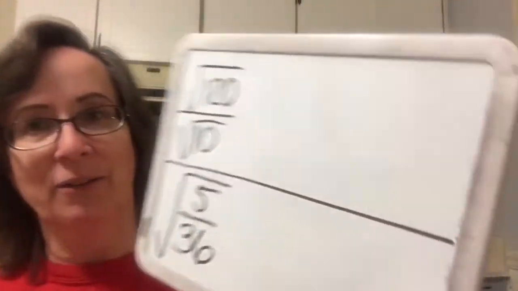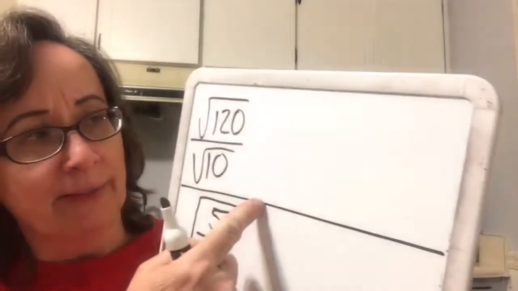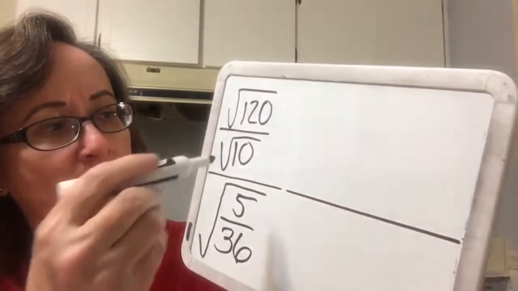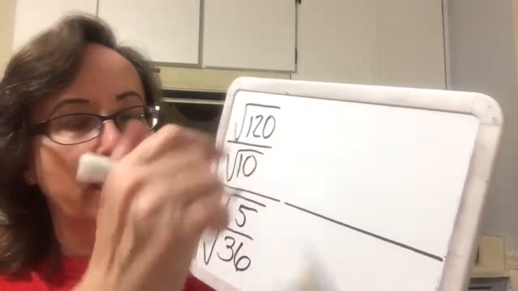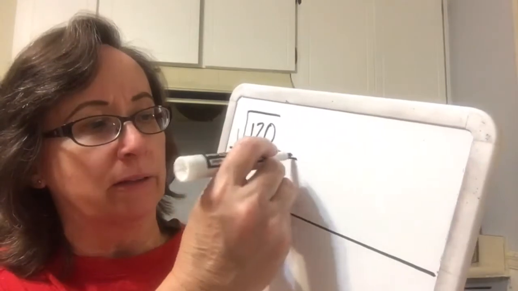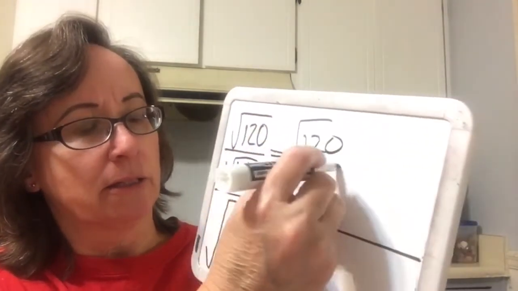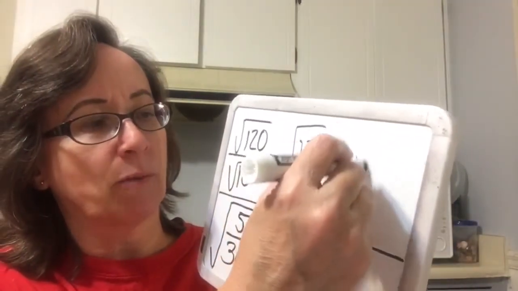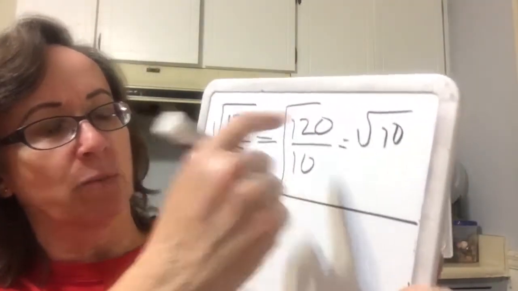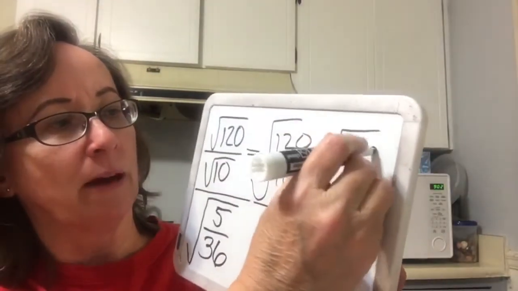All right, so now we have a problem that is a quotient, but I could see where this would be beneficial to go ahead and put under one big radical instead of split radicals. So I'm going to go ahead and put them together. That gives me the square root of 12, because 120 divided by 10 is 12.